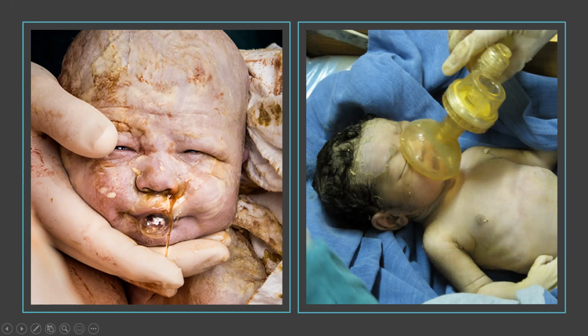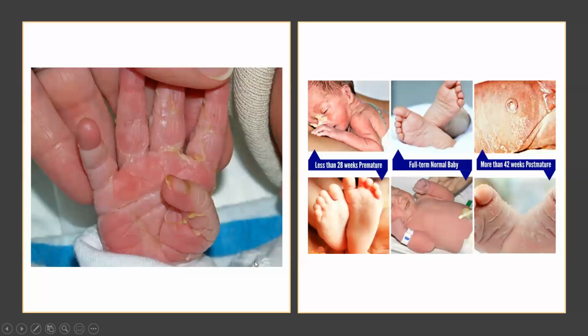It can lead to meconium aspiration syndrome. Depending on the circumstances of the birth and the training of the facility, they may or may not do specific procedures. But if it does cause breathing issues, this baby most likely will be put into the NICU, and it has to do with how thick the meconium actually is.